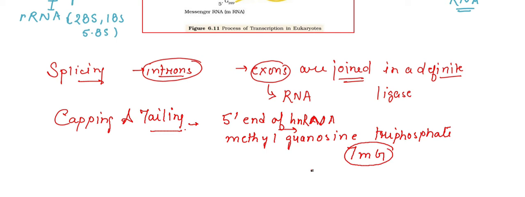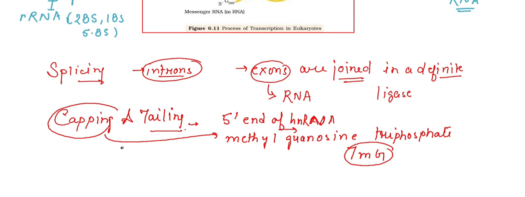So initially at the 5' end, a cap consisting of 7-methyl guanosine, or 7mG, is added, and the cap is a chemically modified molecule of guanosine triphosphate. So at the 5' end of hnRNA, methyl guanosine triphosphate is added, and the process is called capping.